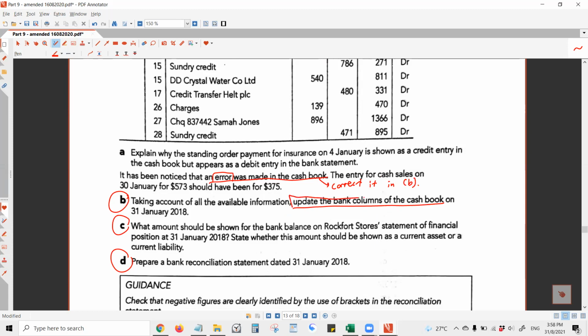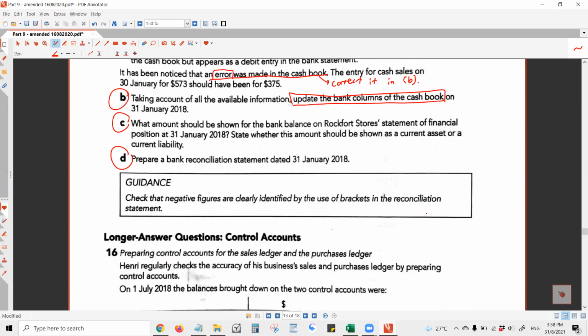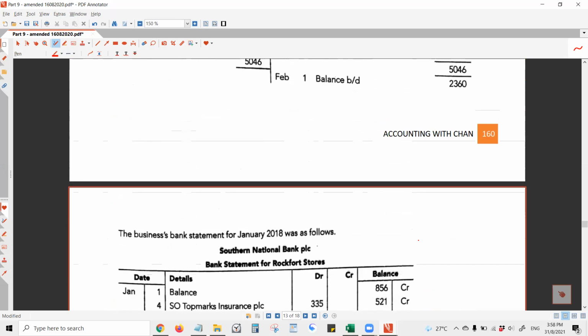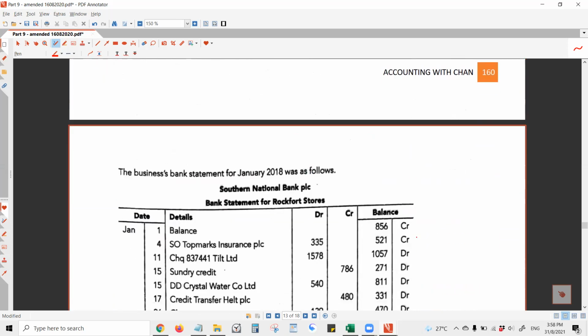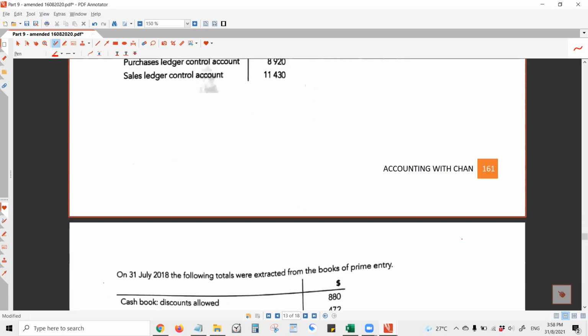But in this question, once again, there's no bank error. So A, you don't have to do, and only have to do B, C, and D. Next week I will discuss B, C, and D.